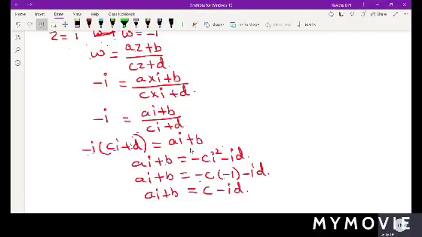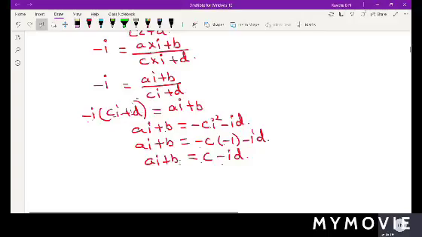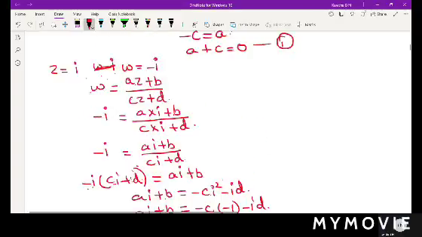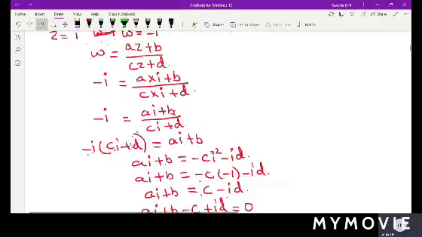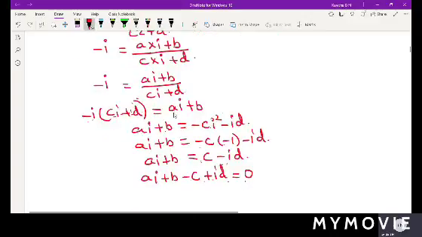Then c and minus id shifted to the LHS side: ai plus b minus c plus id is equal to 0. Call it equation number 2.